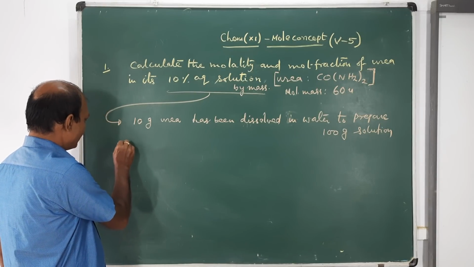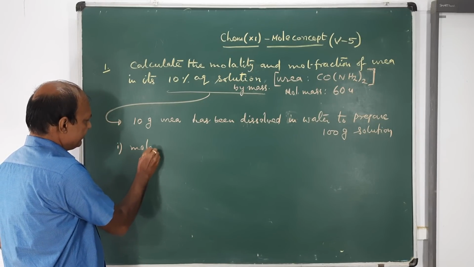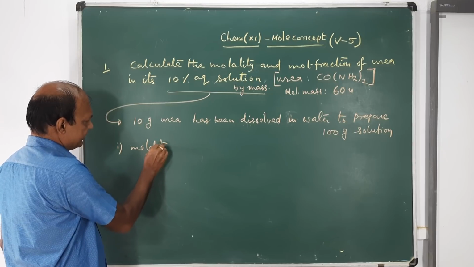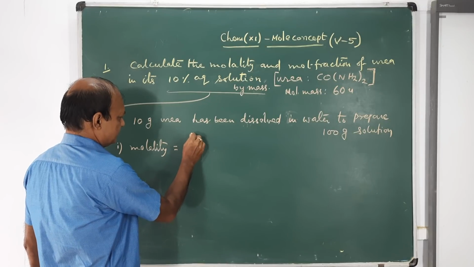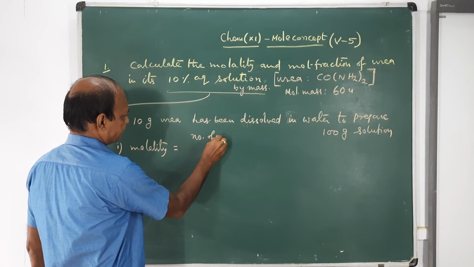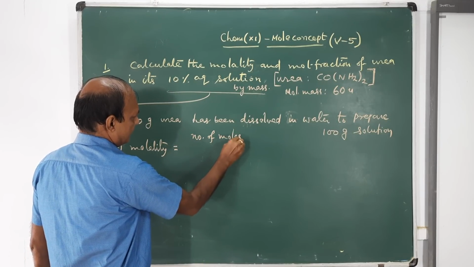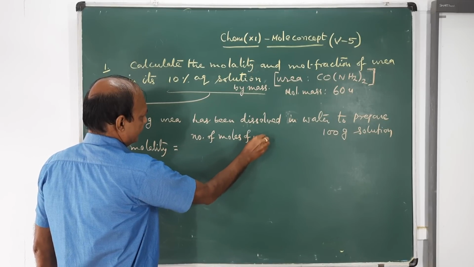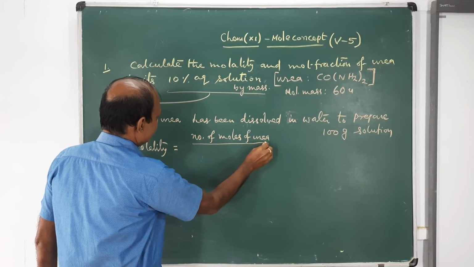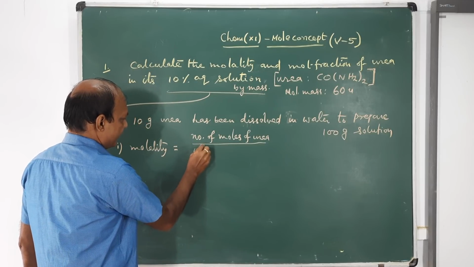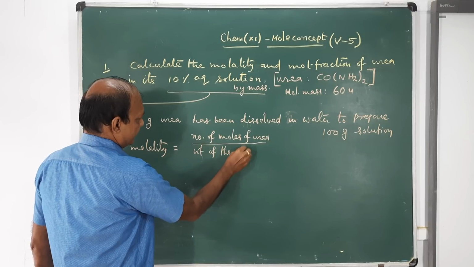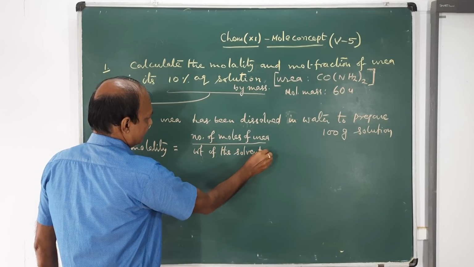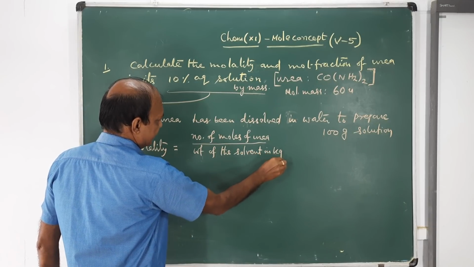As you know, molality equals number of moles of urea by weight of the solvent in kg.